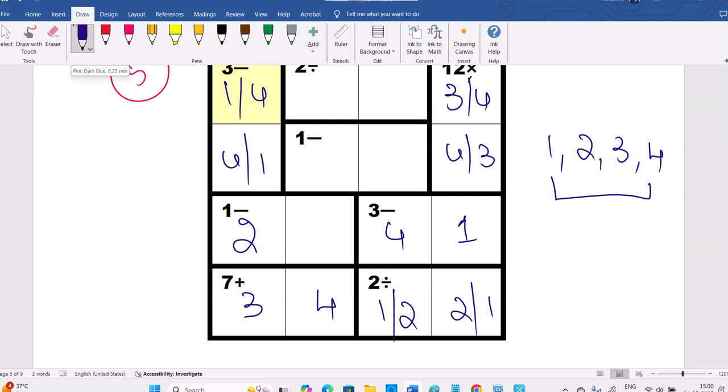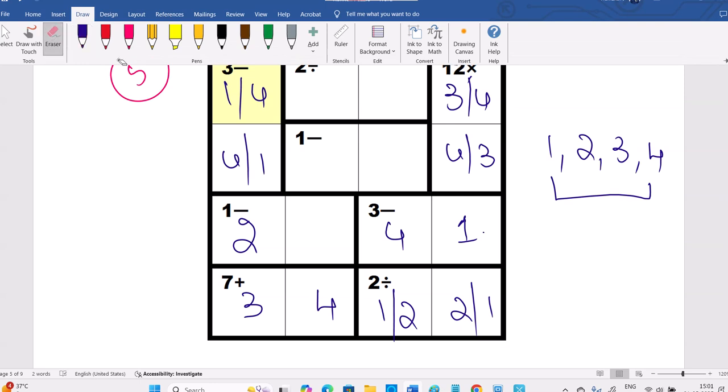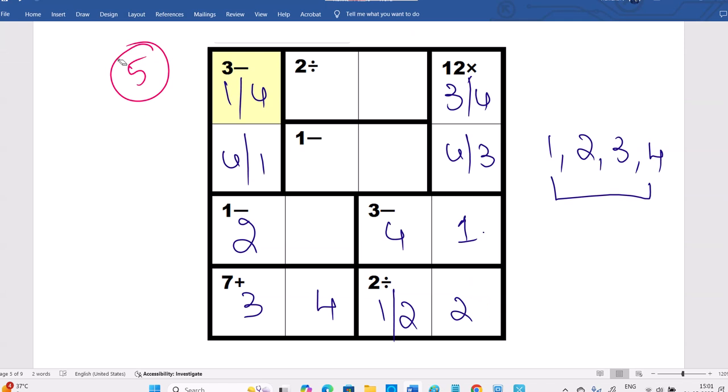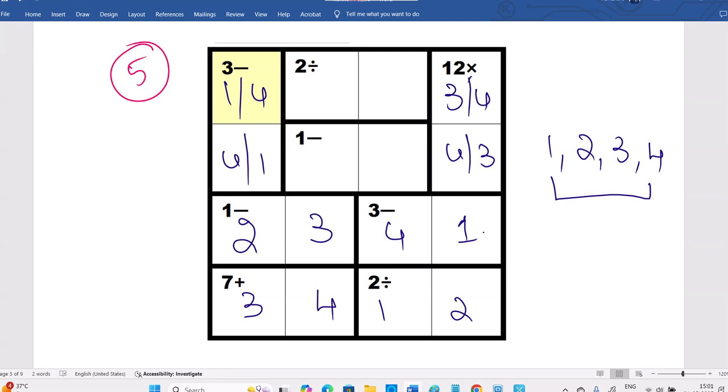Then I am deciding, yeah, here it must be 1 because 4 already occurred in the column. Above one among this lot will be filled by 4. So 4 cannot come here, it should be 1, 4 and 1. Then once that is 1, I can put here as 2 and this should be 1. Right. Then this will be 3. This will be 3. Okay.